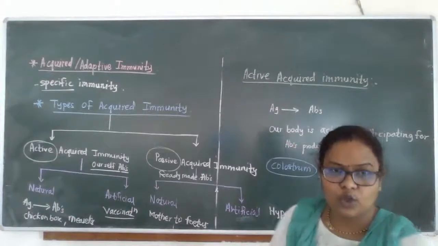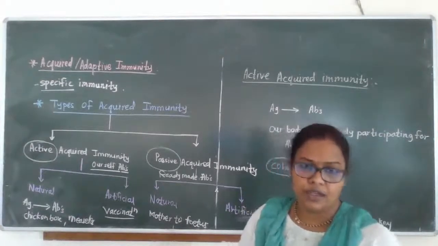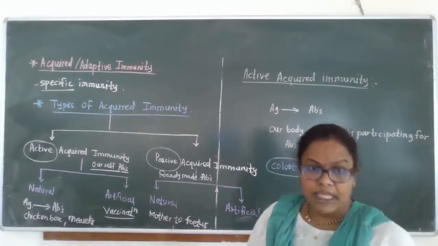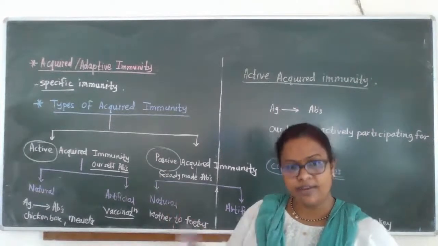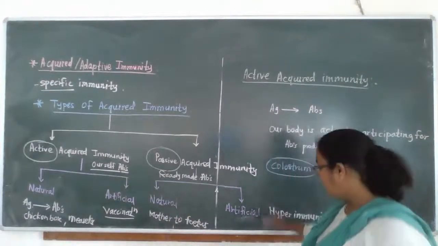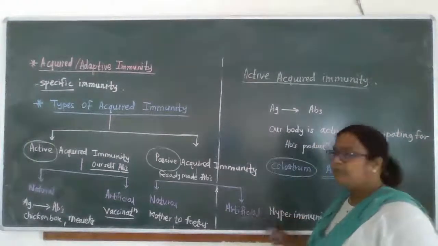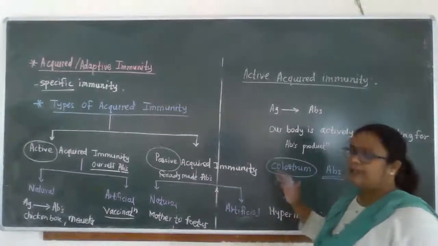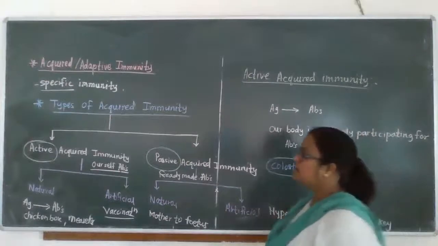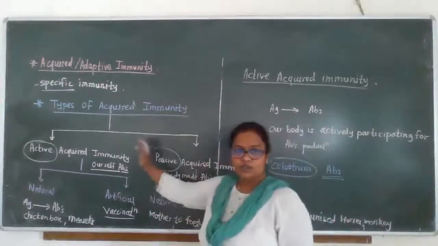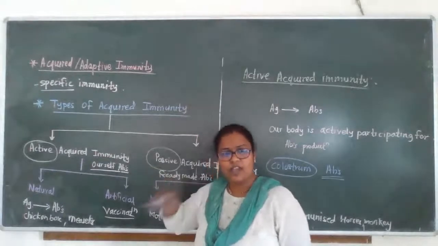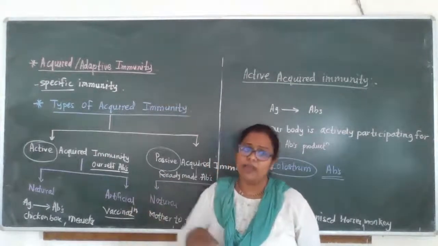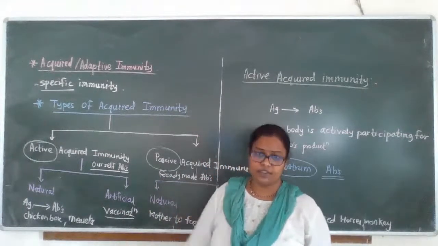Even the antivenom production for snake venom, against that snake venom the antivenom is produced, that is also in such a way. Okay, so this is all related with the types of acquired immunity. Again, just look, it is of two types, active and passive. Active means our body itself produces the antibodies by natural way or forcefully by artificial way.